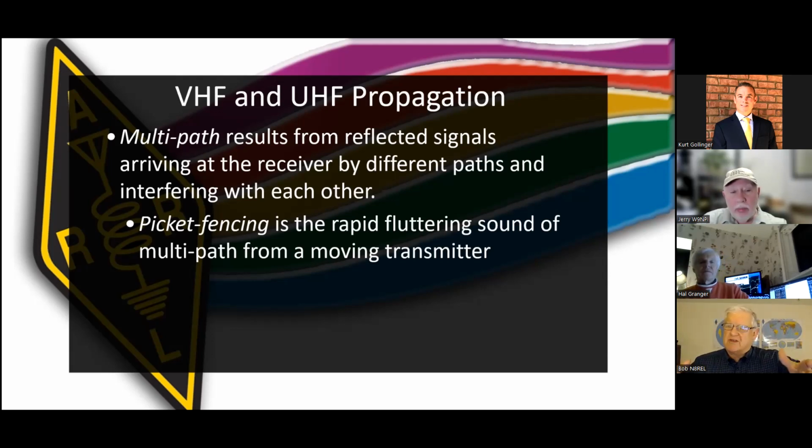You think back to that knife edge diffraction slide where your radio wave is being broken up. Even broken up like that into different pieces, your radio wave can reach the receiver, can reach the far antenna, but it can reach as two different signals.